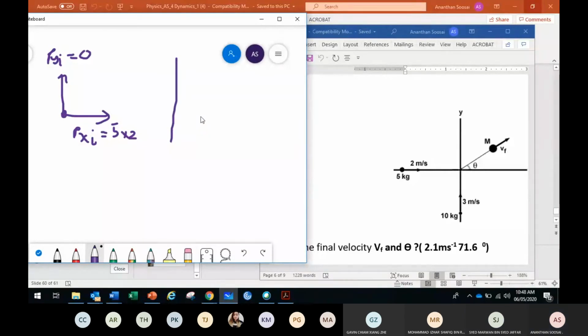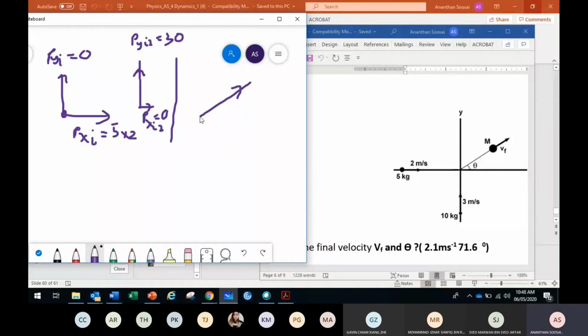After collision, one is moving this way, and we have another one going downward, with another Px value for the 10 kg. The Py initial for the second body is how much? 30, right? And Px is found to be 0 for the second body.